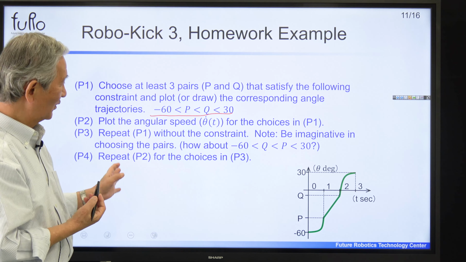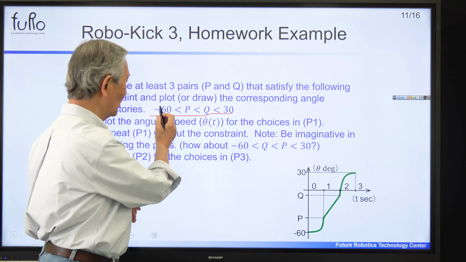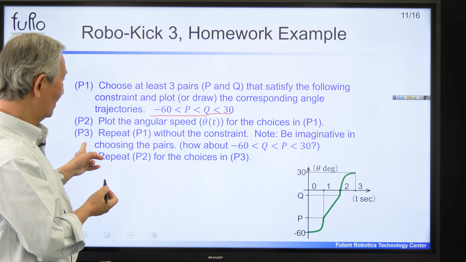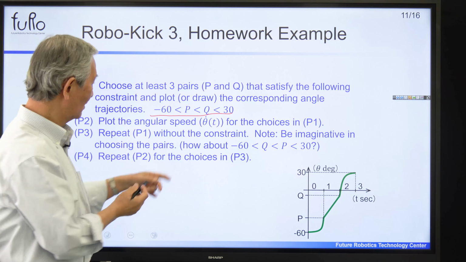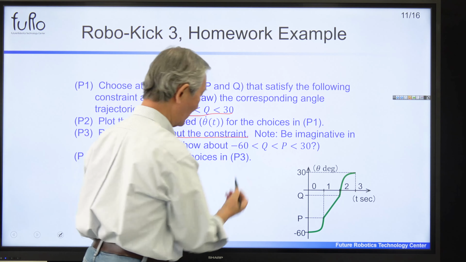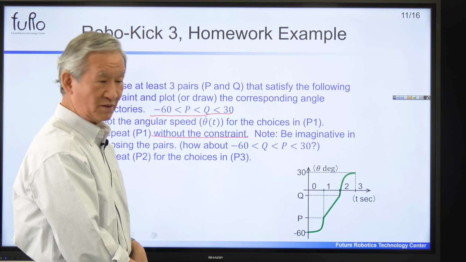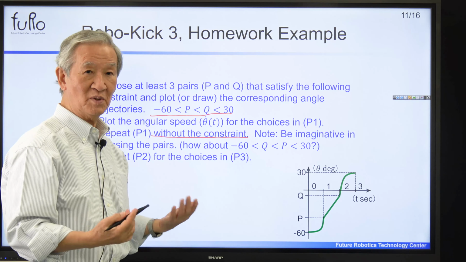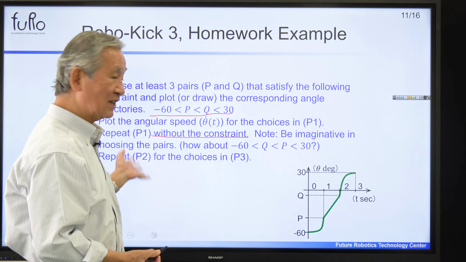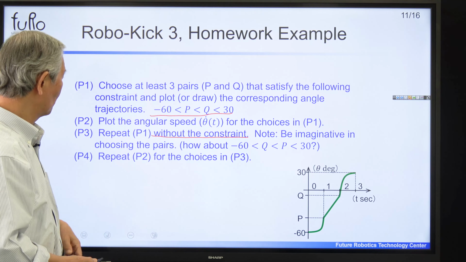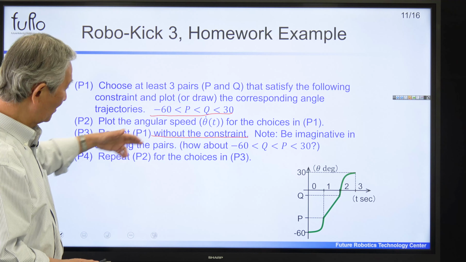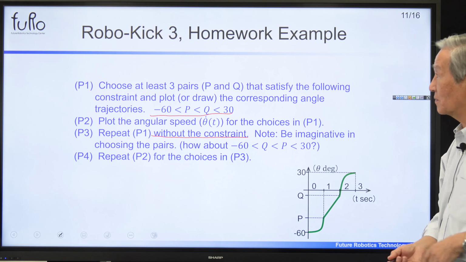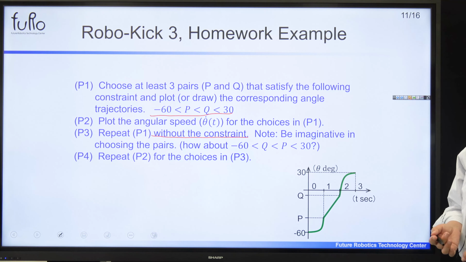But if you don't use this one here, that's P3, without a constraint, so you're free to choose any P's and Q's, up and down, whatever you like. Be imaginative, be inventive. Get your own original ones. And also, for both of them, plot theta dot, speed, and how speed changes. This is the type of homework I will give you.